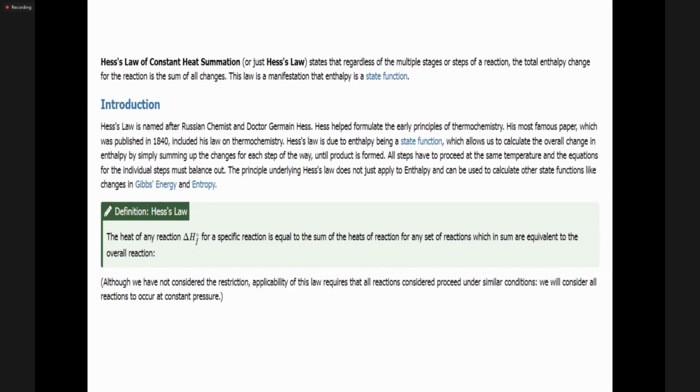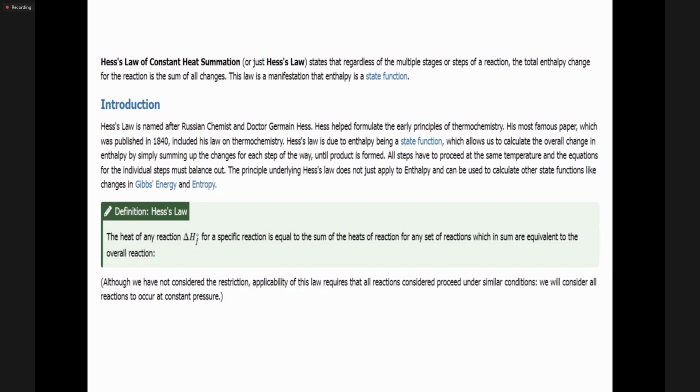His law holds because enthalpy is a state function, which allows us to calculate the overall change in enthalpy by simply summing up the changes for each step of the way until the final product is delivered.